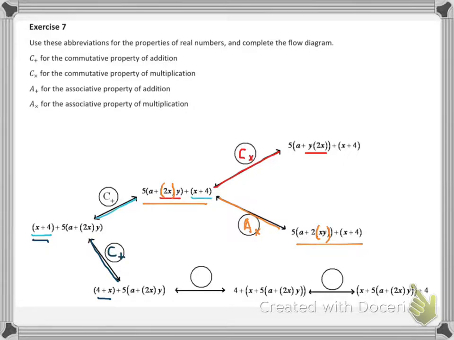Okay, let's see, how about this one right here? Well, I've got 4 plus x in parentheses, and then I have the 4 outside of the parentheses. So instead of 4 plus x in parentheses, now I have the x plus this whole thing here in parentheses.